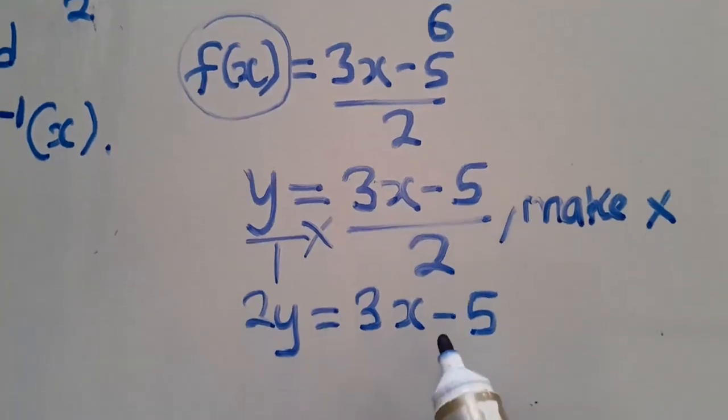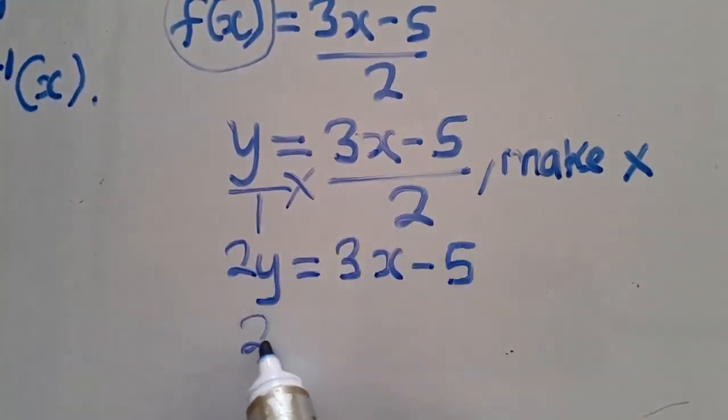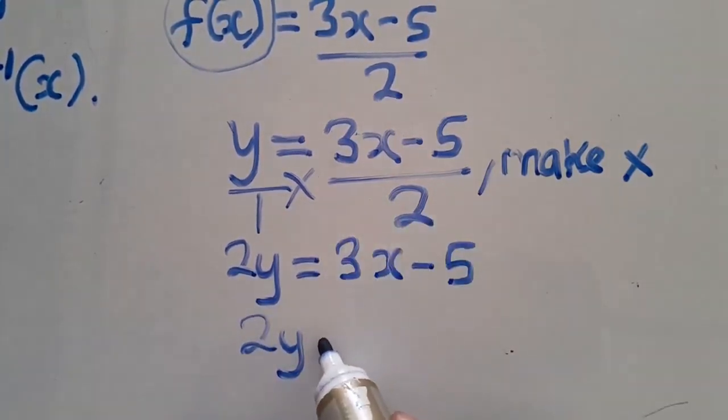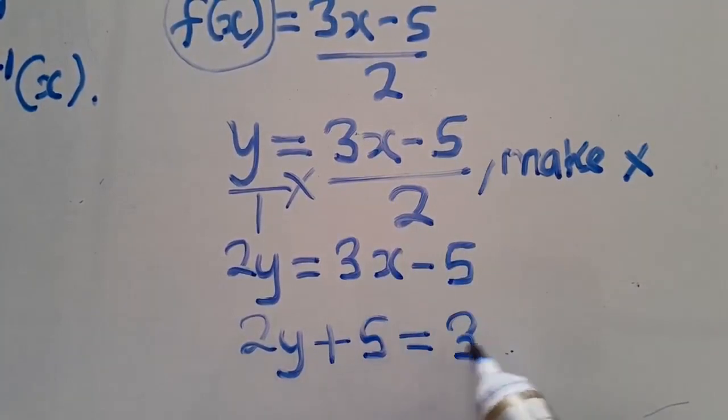So how do you do that? This 5 comes to this other side. So it is 2y, and when a 5 crosses the equal to sign, it becomes positive 5, which is equal to 3x, like this.